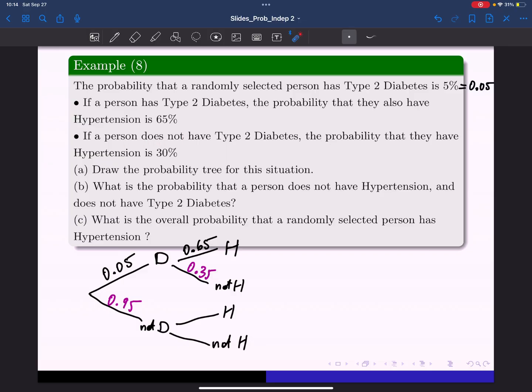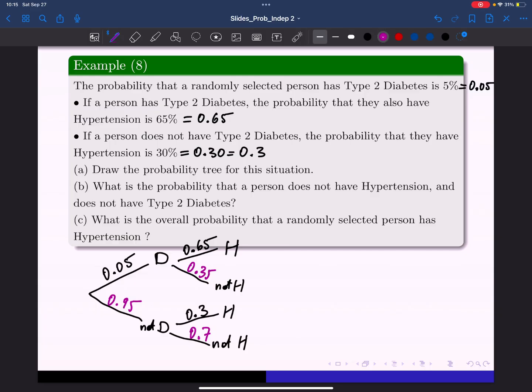If the person does not have diabetes, then the probability of having hypertension is 30%, so 0.3. 30% would be 0.30, which is the same as 0.3. 65% is 0.65. So this is given, and to calculate this one, both of them need to add up to 1. So this part would be 1 minus 0.3, which gives me 0.7.